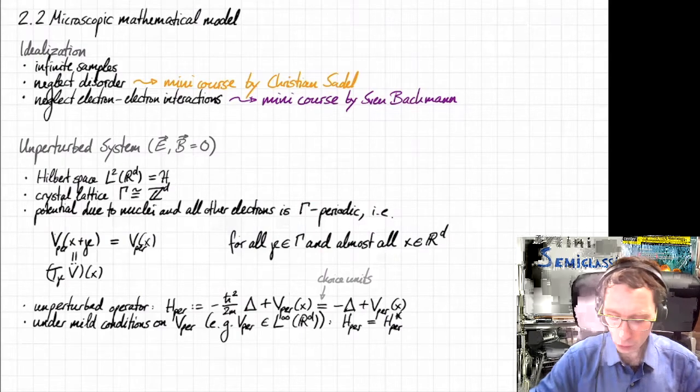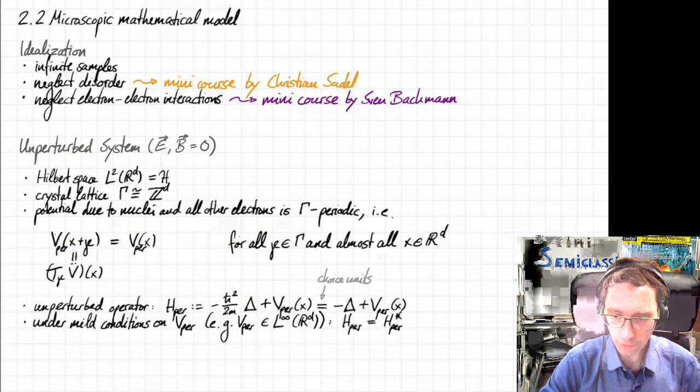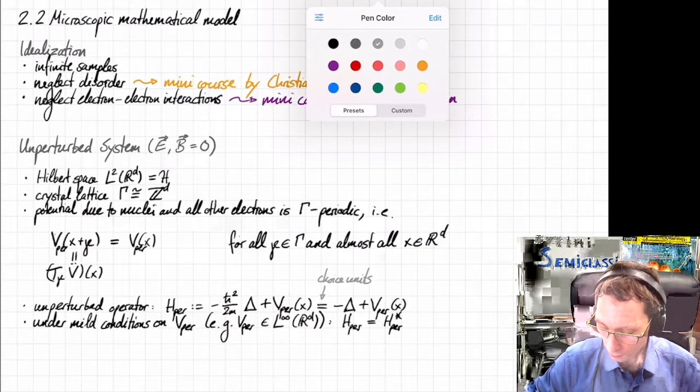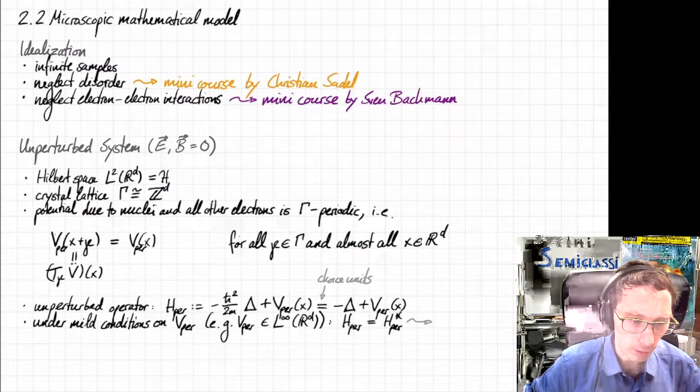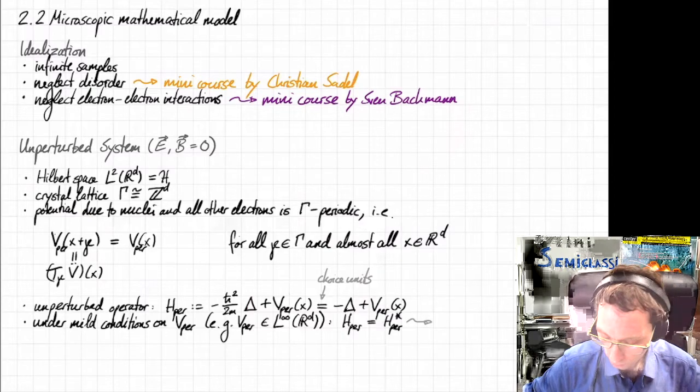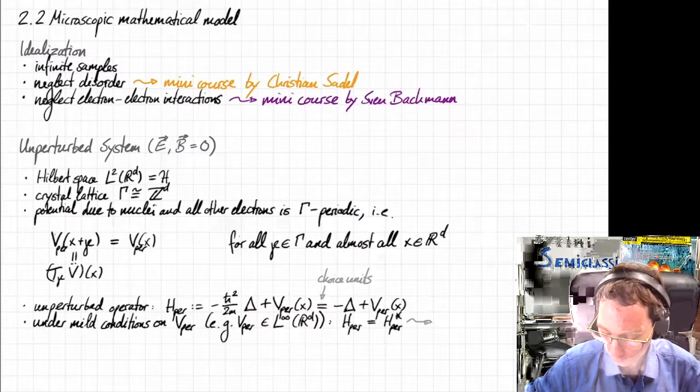Importantly, and this was something that I anticipated beforehand already, the periodic potential need not be regular, so C^n regular or something like that.